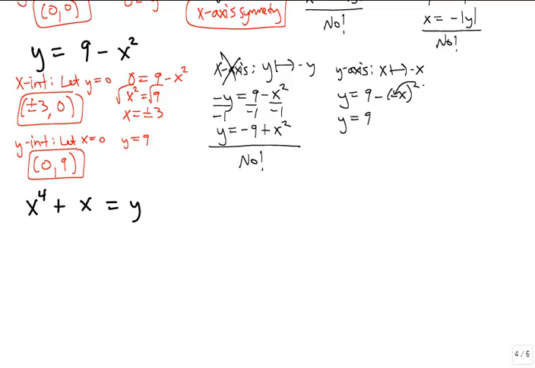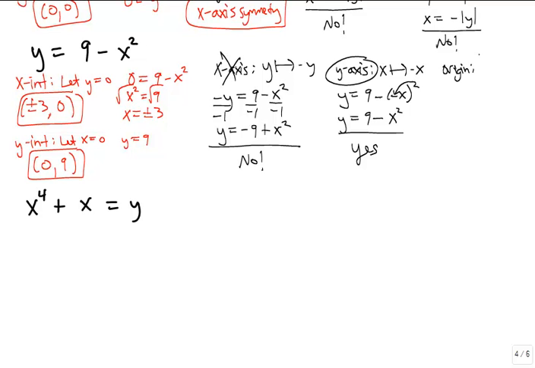It's going to square away that negative. The minus that's out front from the subtraction stays put, but the negative inside the parentheses does get squared away. So this becomes a positive x squared, but because we were subtracting it from 9, that subtraction stays put. Is that the same as the original? Yes. So far we have y-axis symmetry. All right, let's try origin.